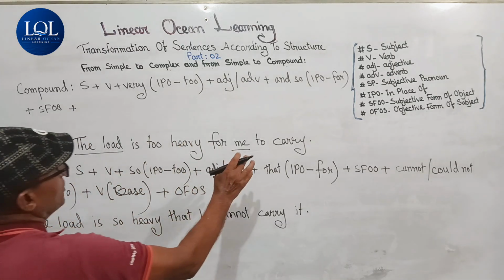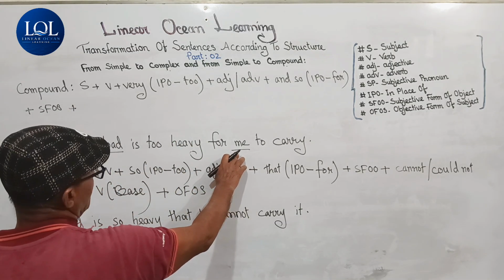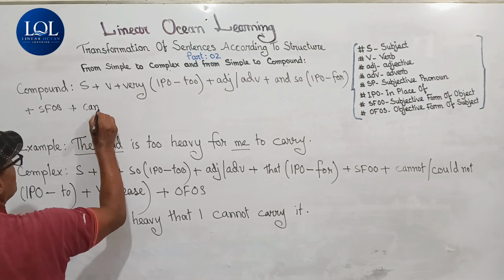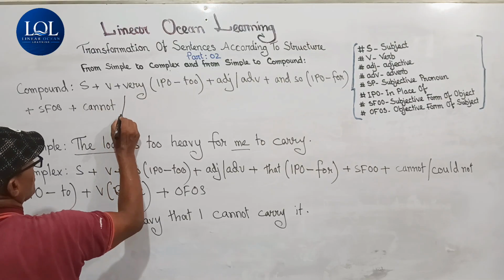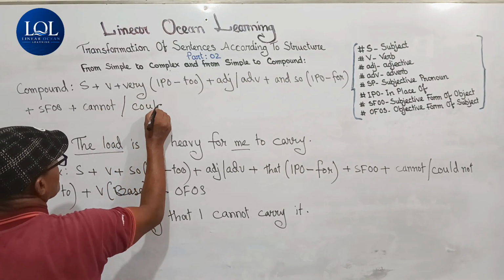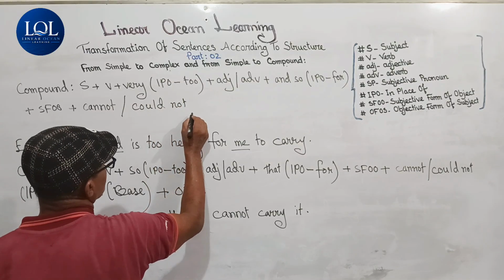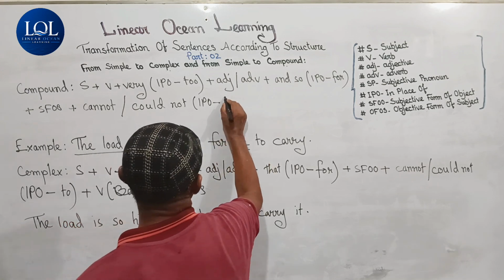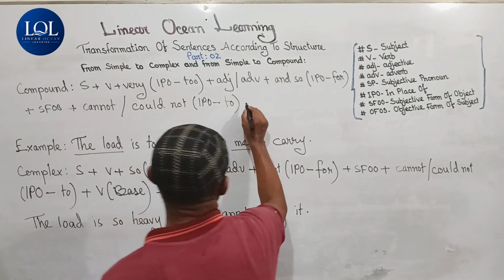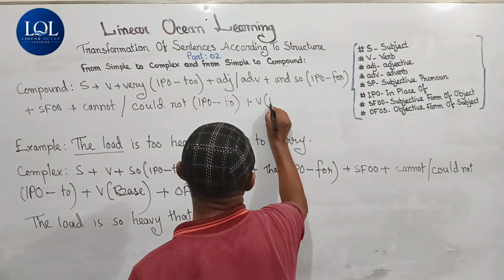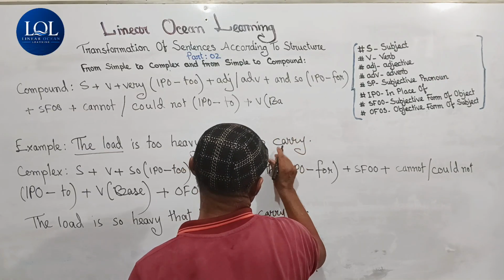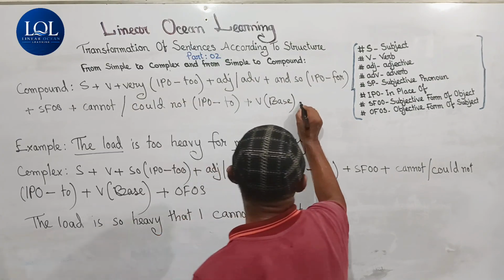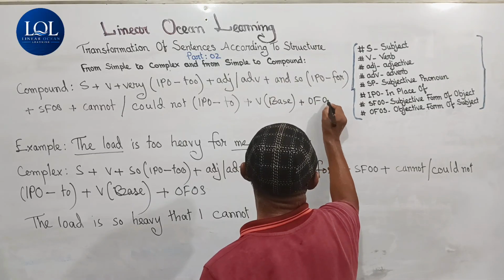The object here is me and its subjective form is I, plus cannot or could not, IPO (in place of "to"), plus verb base, that is bare infinitive, carry, plus objective form of the subject.